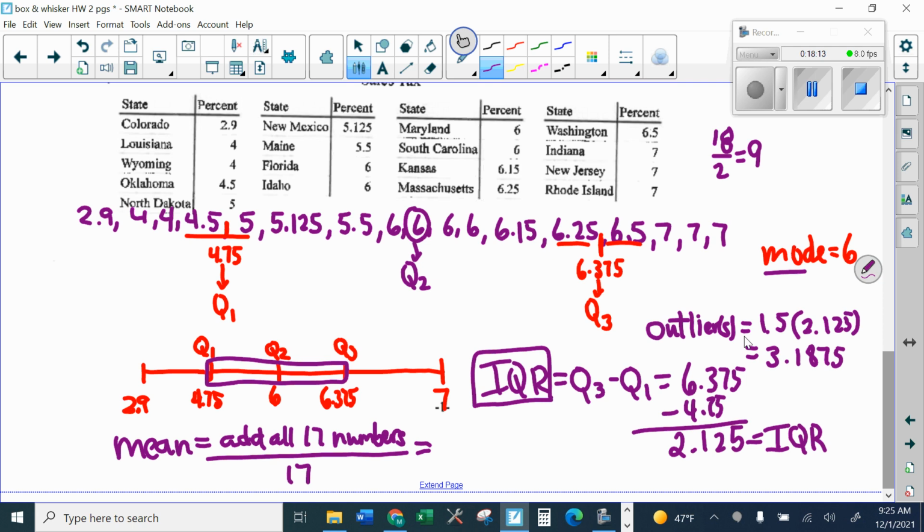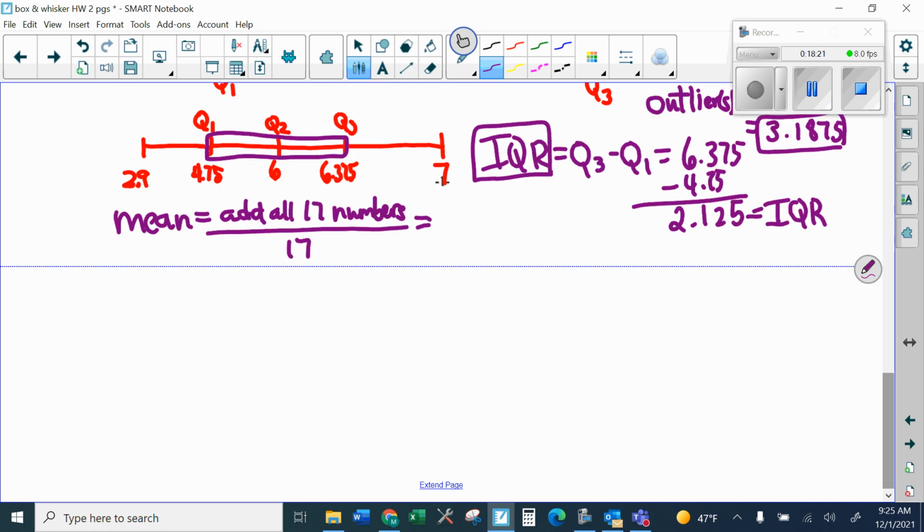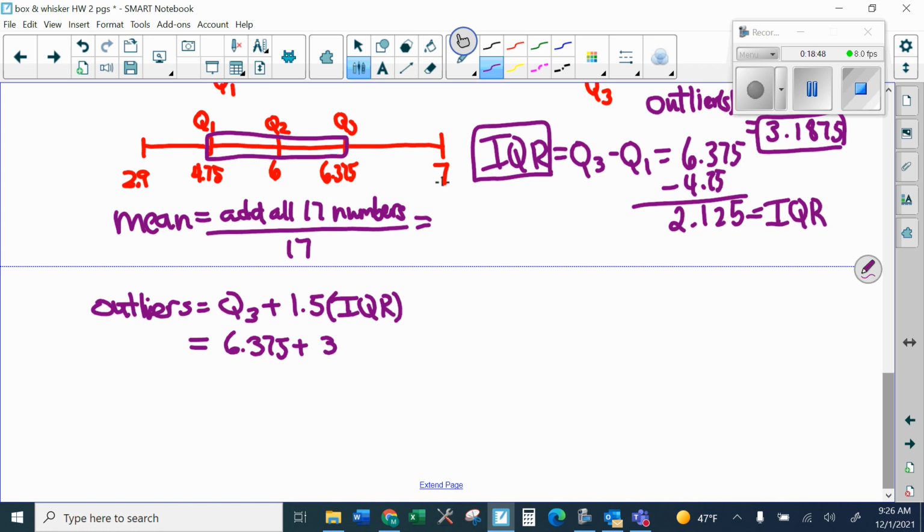Okay, so remember, now I'm going to add that number to Q3 and subtract it from Q1. So Q3 outliers equals Q3 plus, I'm just writing out what you'd actually be doing, 1.5 times the IQR, which we just calculated. So the Q3 was 6.375 plus that answer we just had, 3.1875.